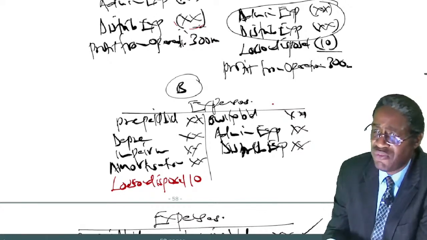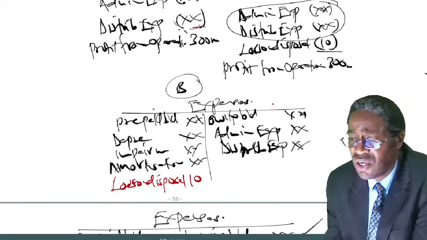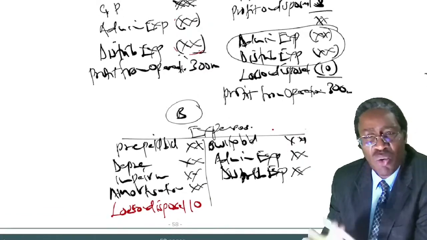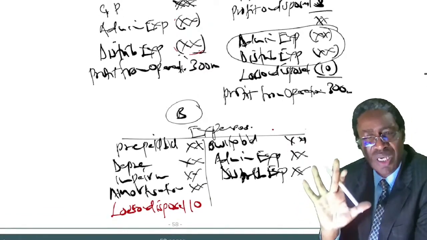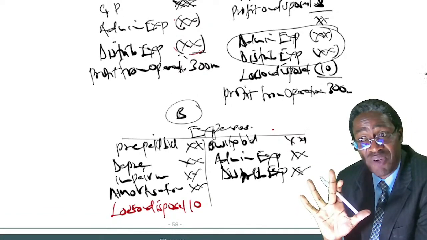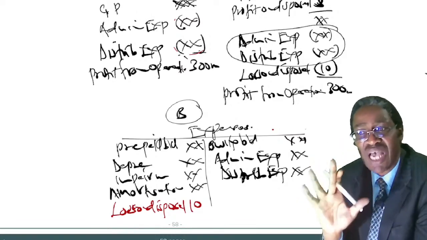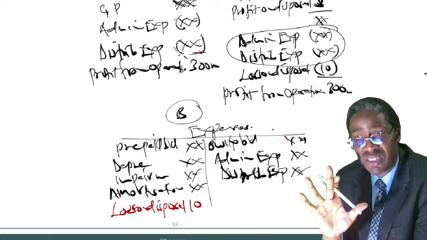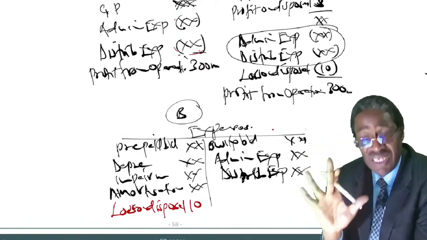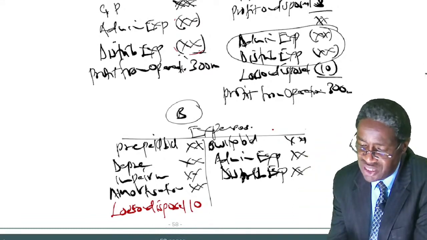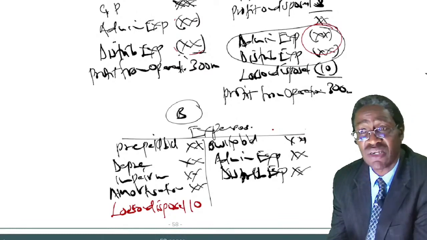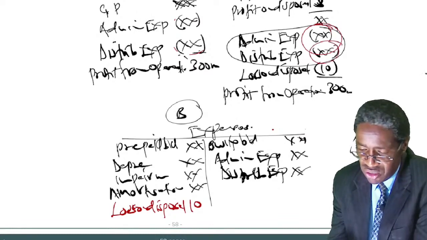What are we looking for? Listen carefully. What are we looking for? We are looking for cash paid. Listen carefully. We are looking for cash paid for services rendered. Which are these services? Whatever you got here as admin and distribution.